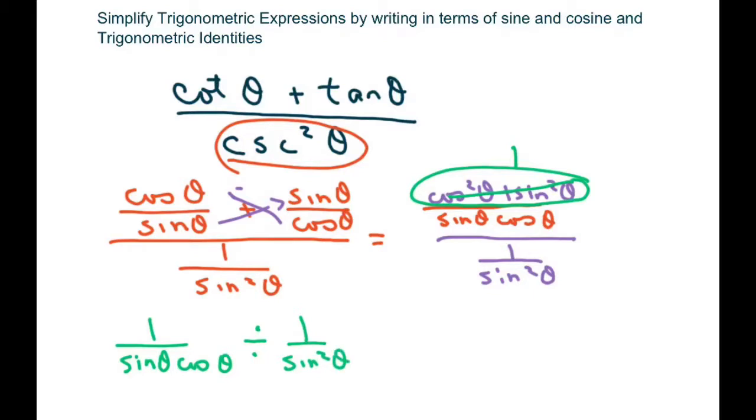And if you recall in elementary school, when you had something like this, you would keep, change, and then flip.